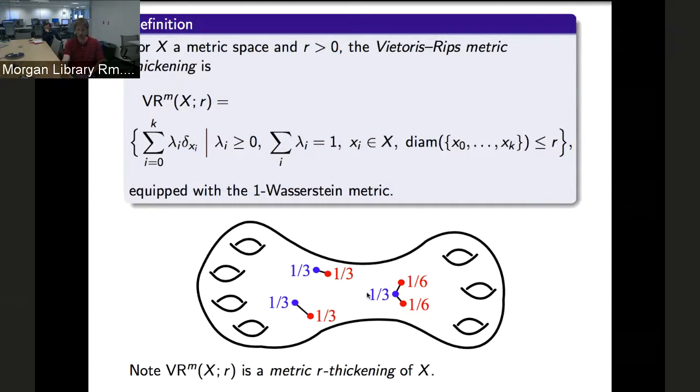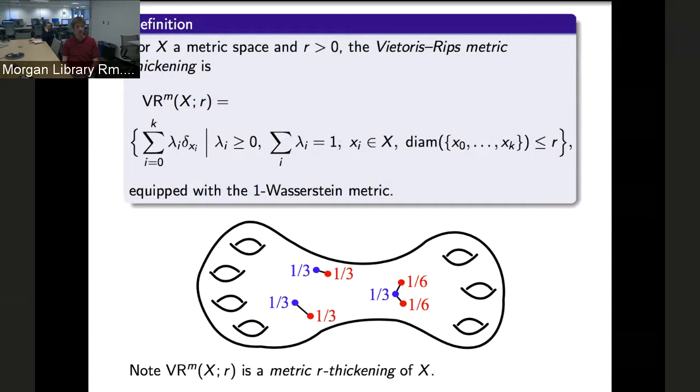Those 3 blue points, and it's the barycenter of a triangle. The reason why it's the barycenter of a triangle is, we could have a Dirac delta mass at each of these 3 blue points, but now we take a convex combination of them, 1/3, 1/3, 1/3, and that corresponds to the barycenter of this triangle in the geometric realization.